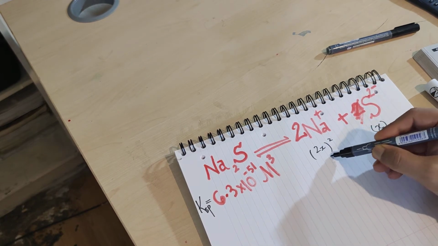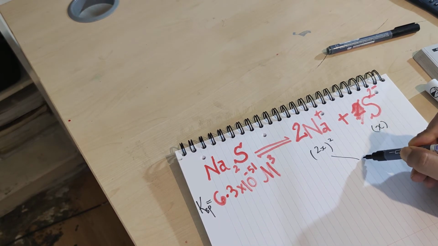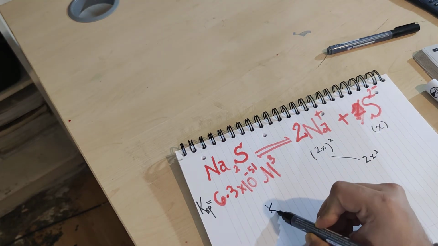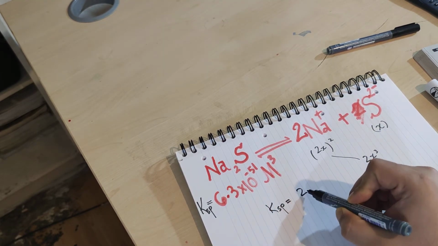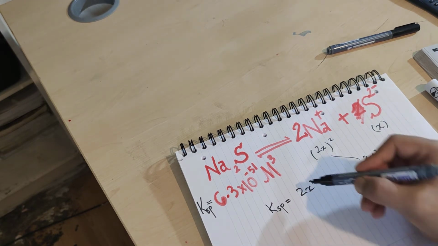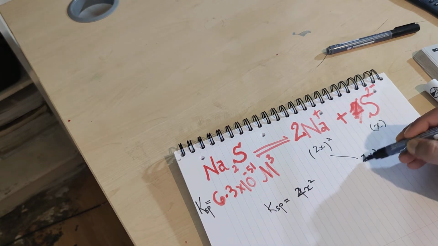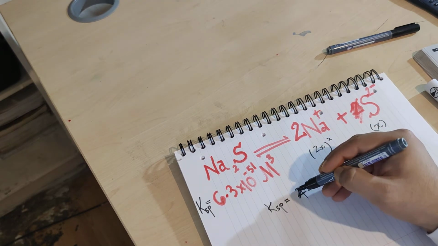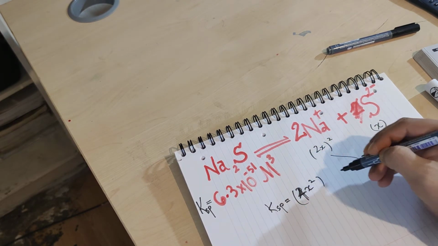So that would become 2x cubed. And then in the solubility product, you'll have to do 4x cubed. Yeah, 4x cubed, so you have to do 4x squared times x.